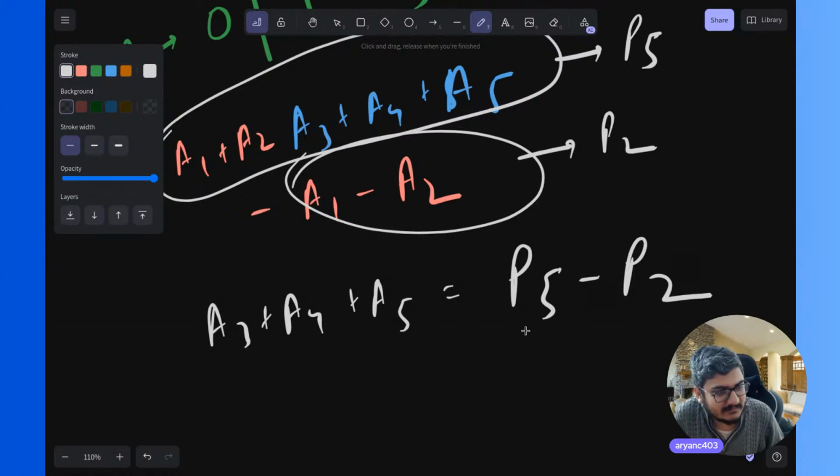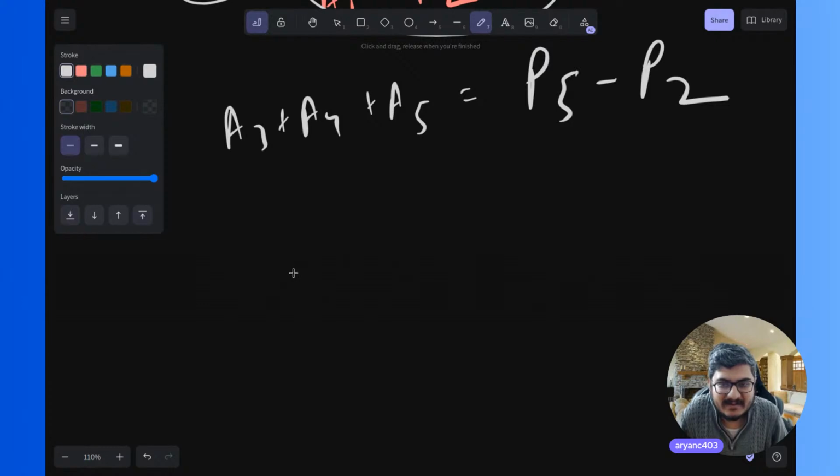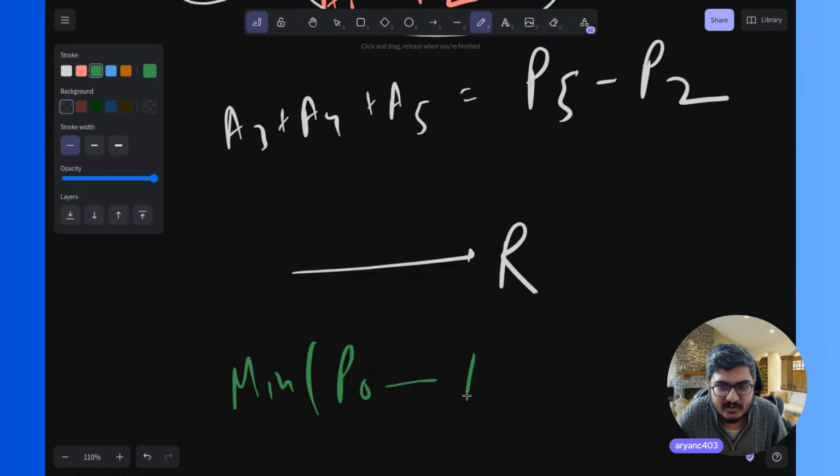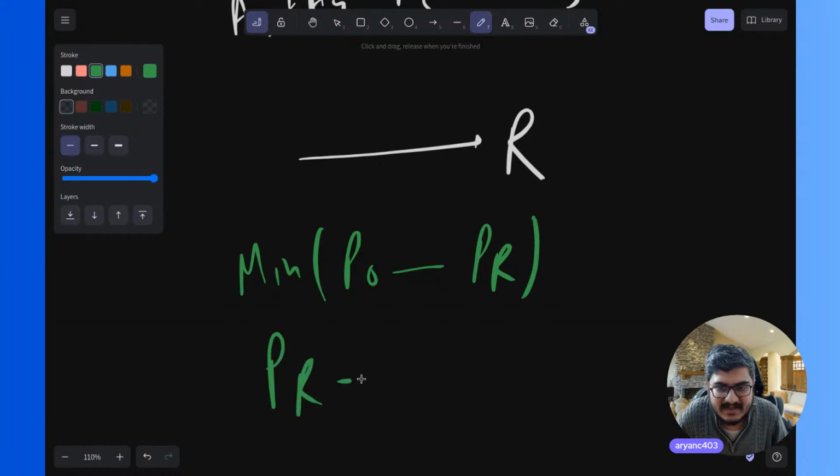Then the idea is you create this prefix array. When you want to find the maximum sum that ends at some r, you find the minimum value of the prefix sum from p0 up to pr, and pr minus the minimum of whatever comes here will give you the max value.